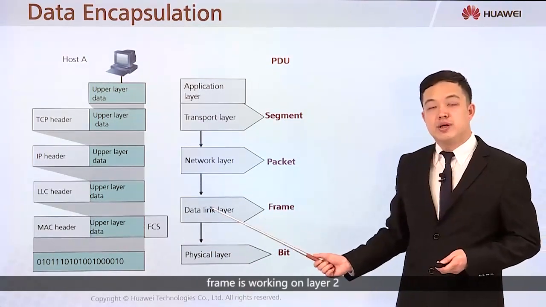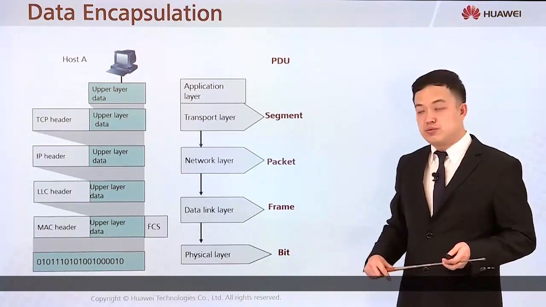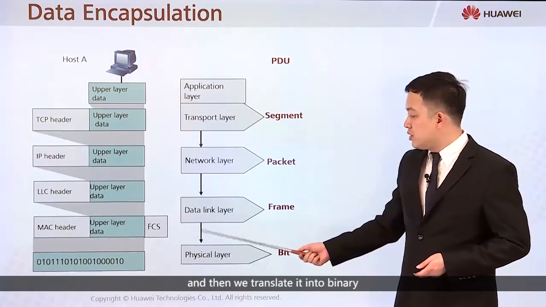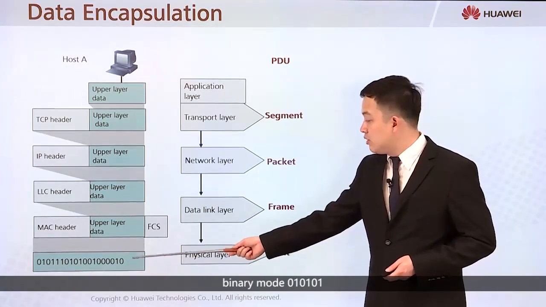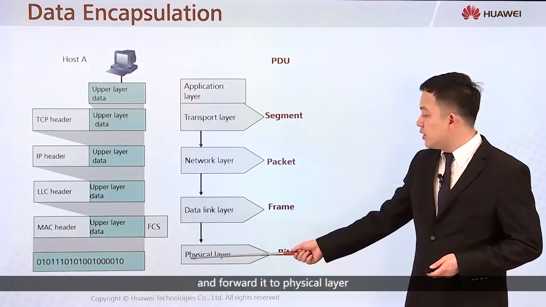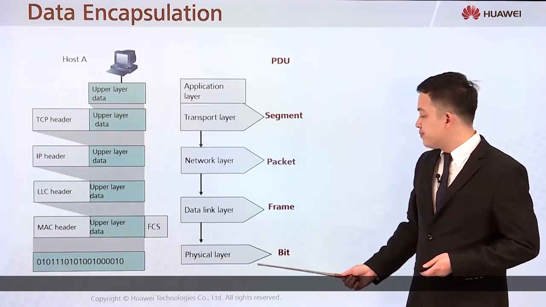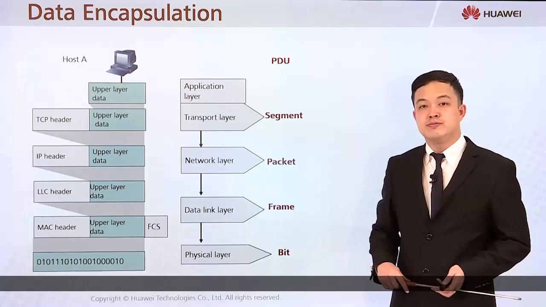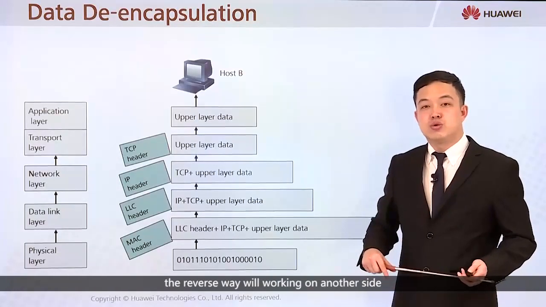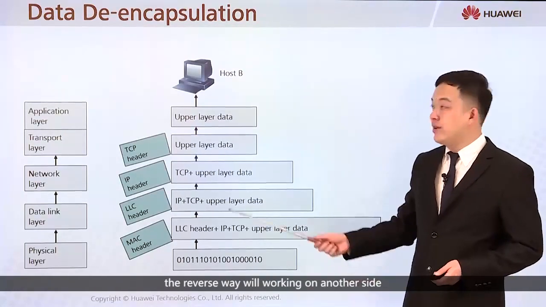A frame works on layer 2. Then we transmit it in binary mode, 010101, and forward it to the physical layer. It's a bit flow.